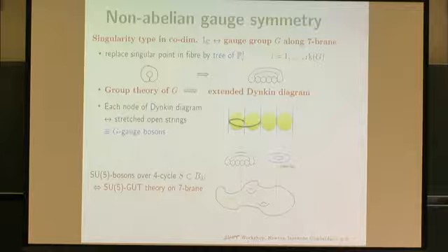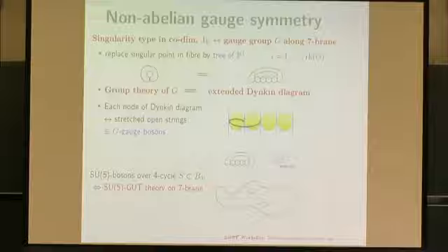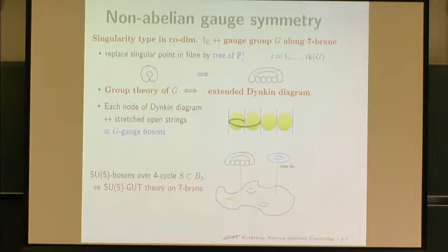So in order to make contact then with GUT model building, we need to ensure that our fibration has a structure of that type, where over some divisor in the base, the fibration shows, say, an SU(5), so an A4 singularity, whose resolution then looks like this. However, this is not the only story.